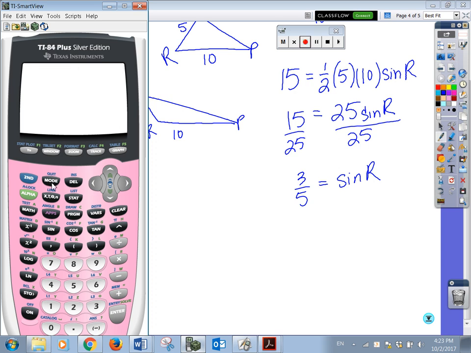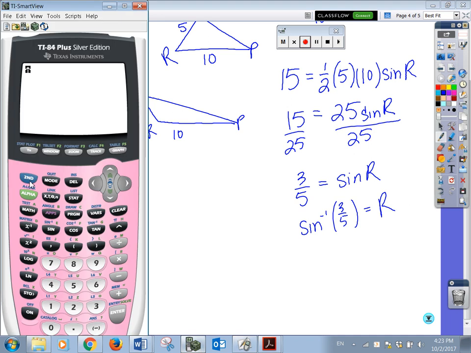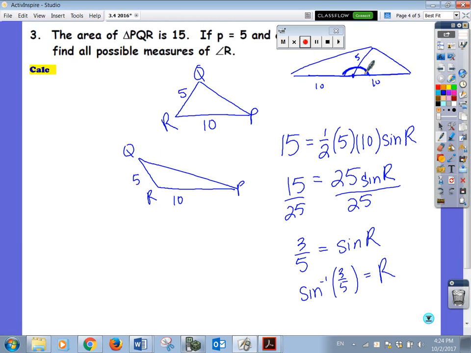What we're going to type in the calculator is the inverse sine of the side, and that's going to give us one of the angles. So second sine 3 divided by 5, or 15 over 25, equals. That's going to give us one of the angles. So that is this possible angle right up here, this acute angle.